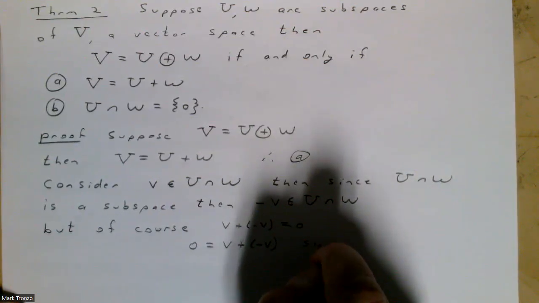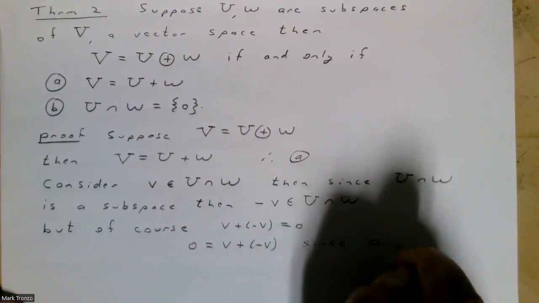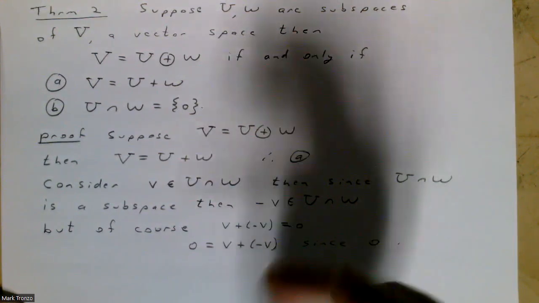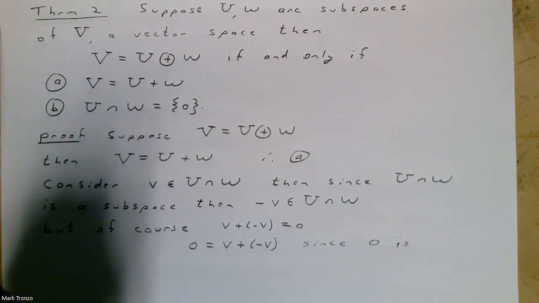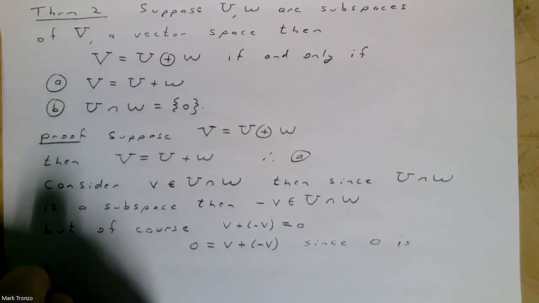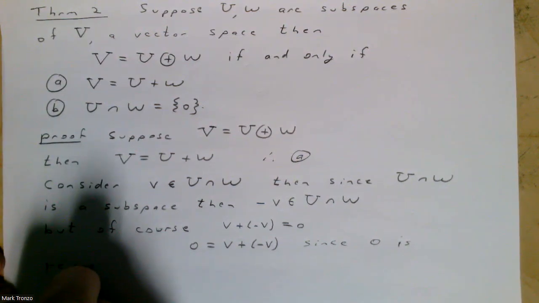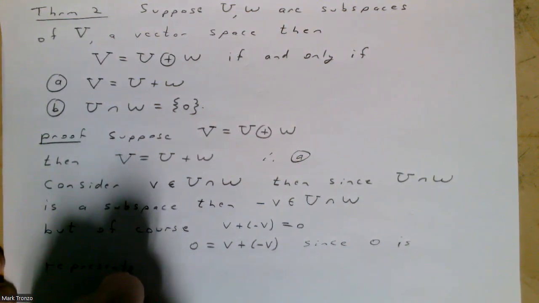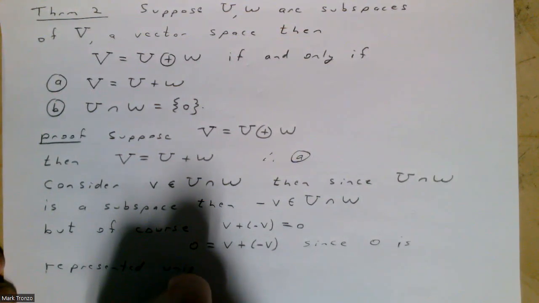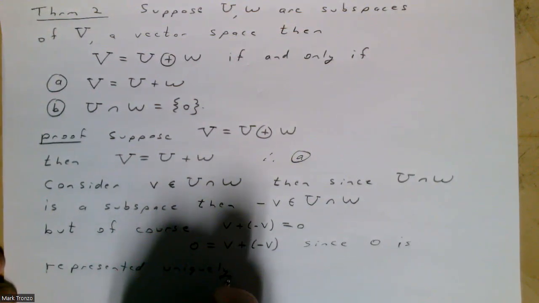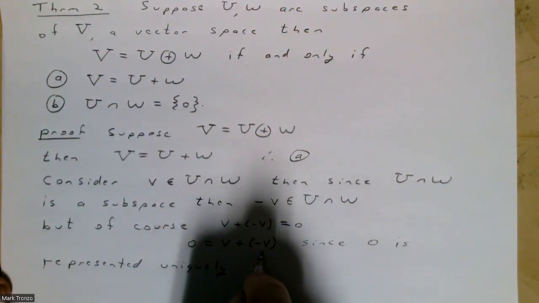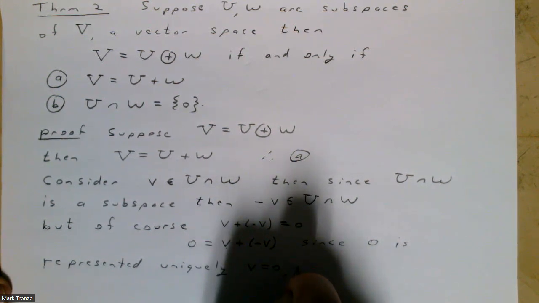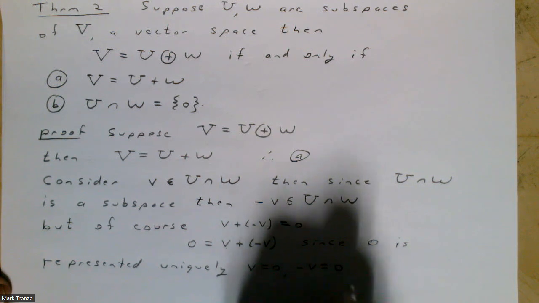So since zero is represented uniquely, this has to be zero, and this has to be zero. V is zero, and negative V is zero.